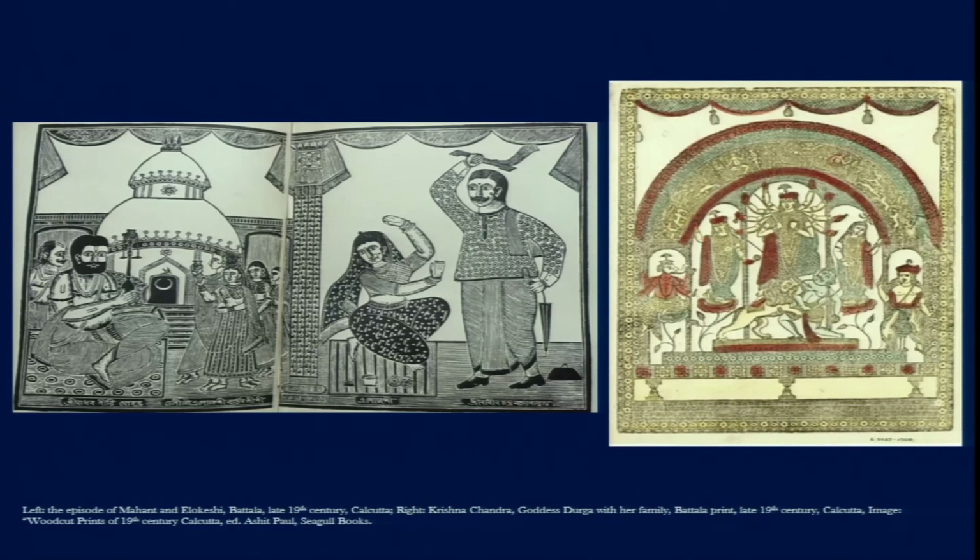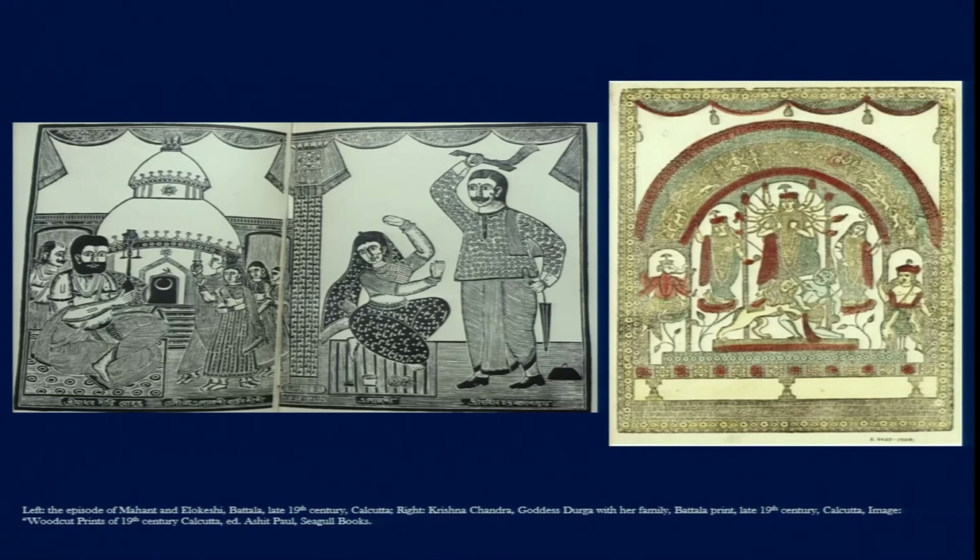Here we see this particular scene where Naveen has raised a vegetable chopper to sever the head of Elokeshi, and Elokeshi dies there, and then Naveen eventually also kills Mohanto. This one was a scandal in 19th century Calcutta.